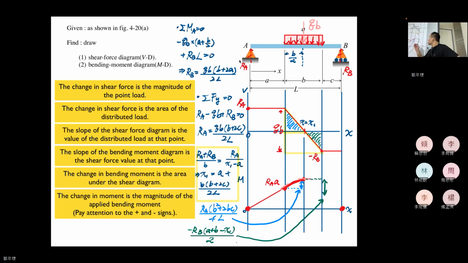Again, we get the value, right? And how to draw, connecting these two dots, initial dot and final dot, how to connect them? We use the slope of the moment diagram, which will be the value of the shear diagram. So shear goes from 0 to negative, more negative.